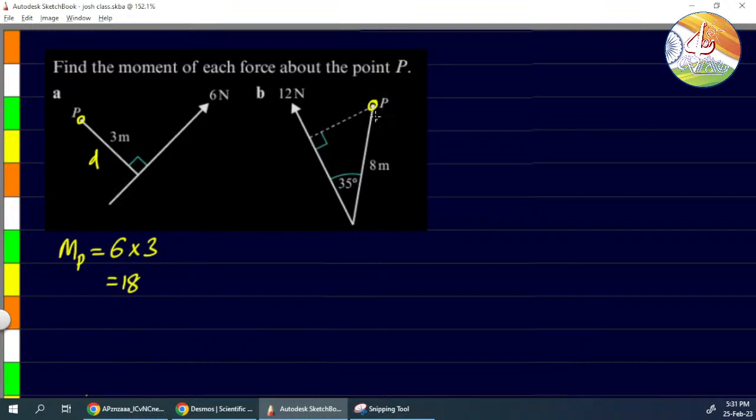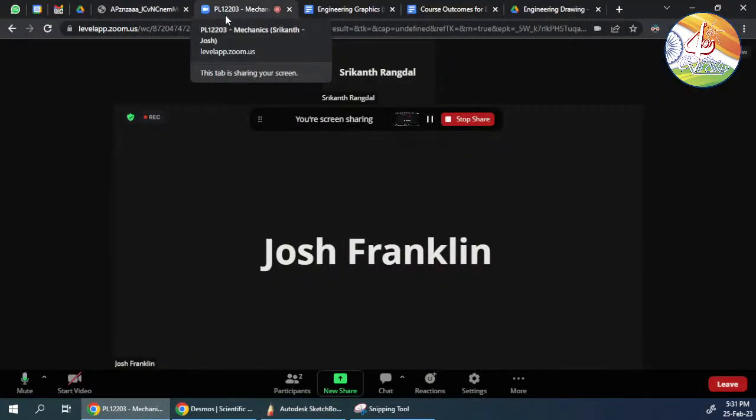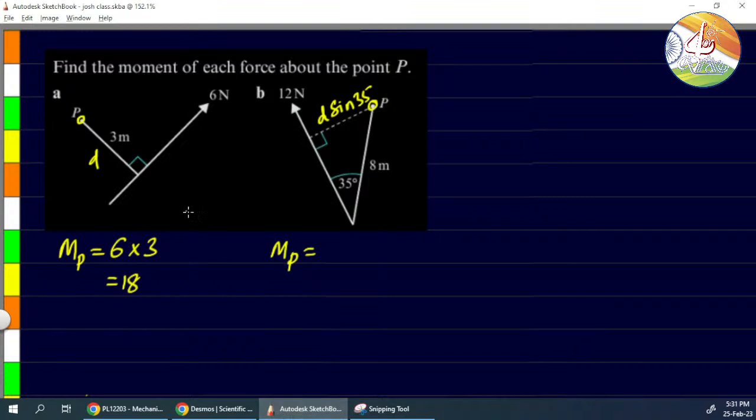Whereas here, we don't know the perpendicular distance. We know a distance at an angle 35 degrees. So first we need to find this length. This length will be d into sine 35. Correct? Josh, are you there? So the perpendicular distance is d sine 35.